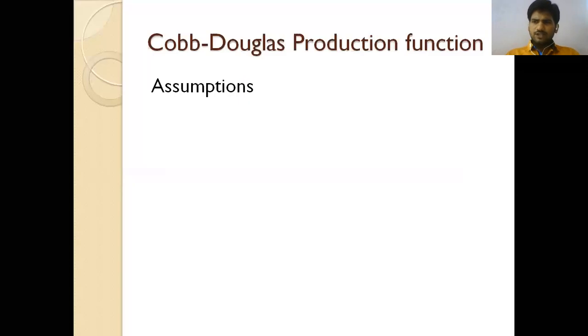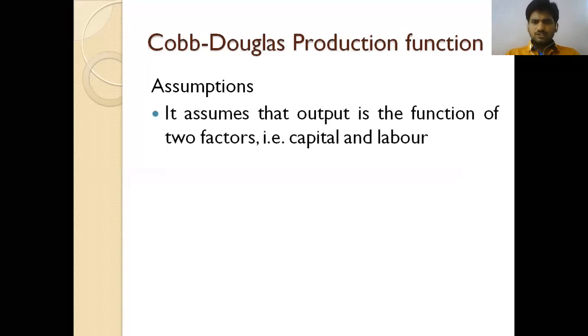We have some assumptions for why we use this Cobb-Douglas production method. The previous one and this one we can compare and study. Later we have one more production function also, which you will see. It is assumed that output is a function of two factors.